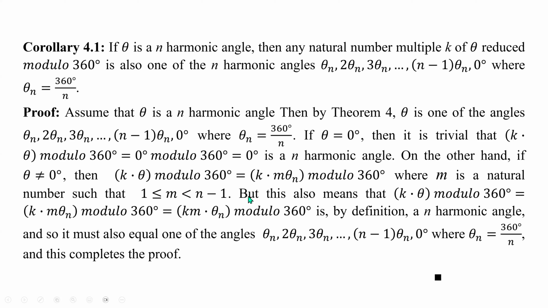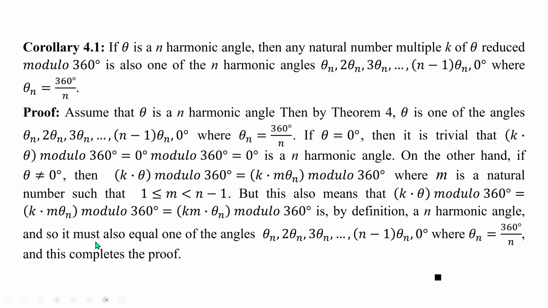Okay, well, what does this mean? This also means that k times theta modulo 360 degrees, it's k times m times theta sub n modulo 360 degrees. I could just write that as km times theta sub n, in parentheses, modulo 360 degrees. But this is, by definition, an n-harmonic angle.